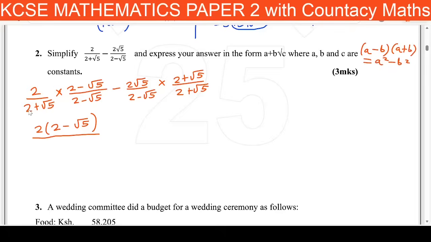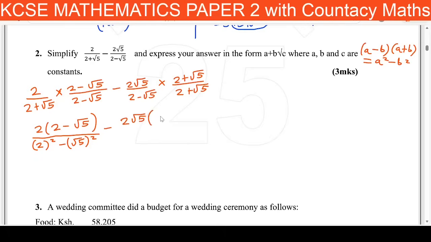So you see this is of the nature a plus b multiplied by a minus b. Therefore, we pick this number and square it, so we take 2 and square that, and then we minus root 5 and square that. Here we've got a minus, and what we have here is 2 root 5.